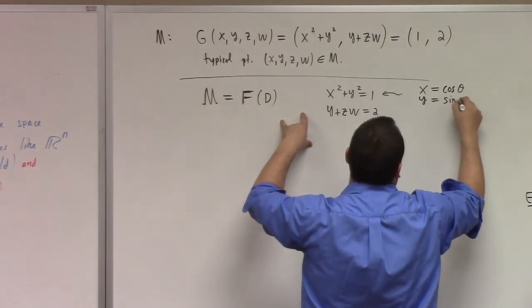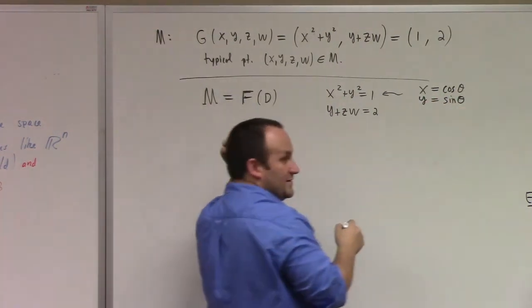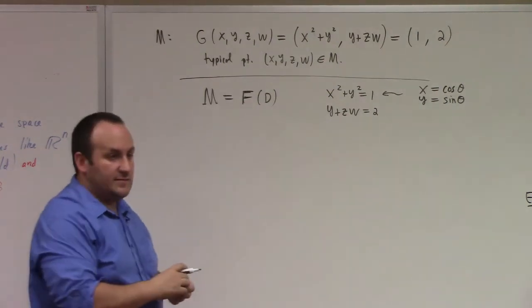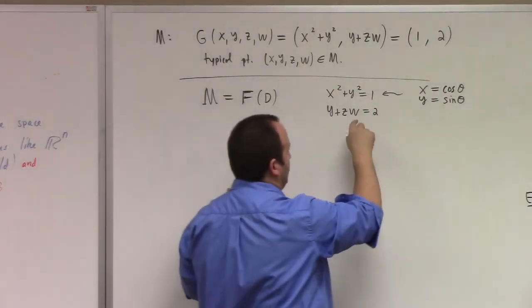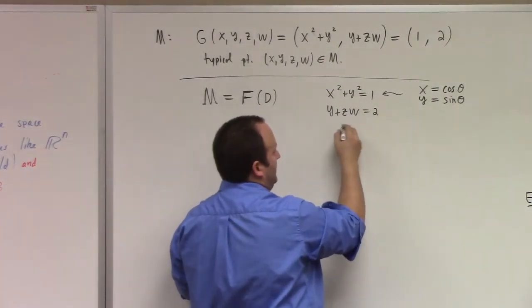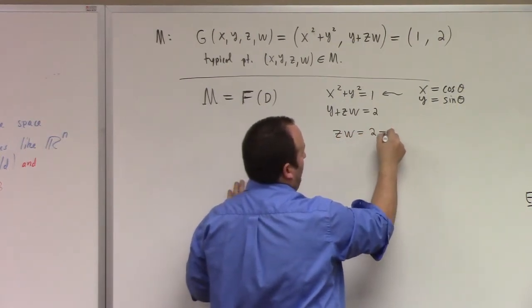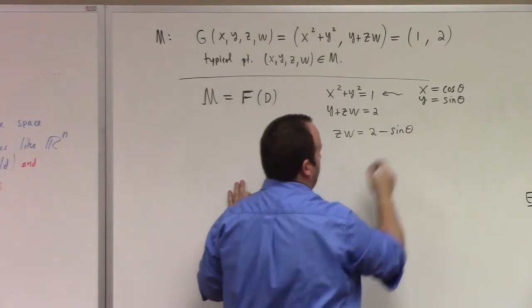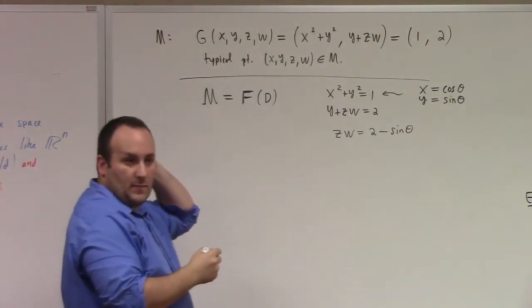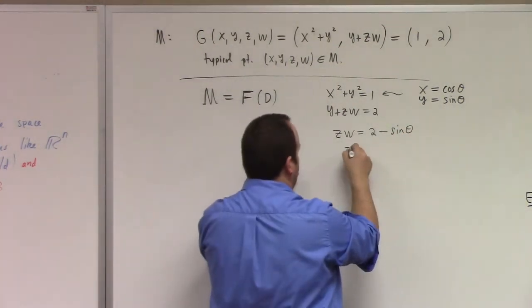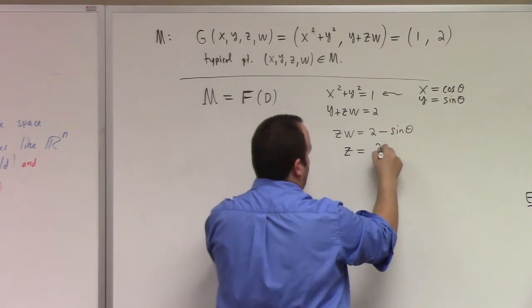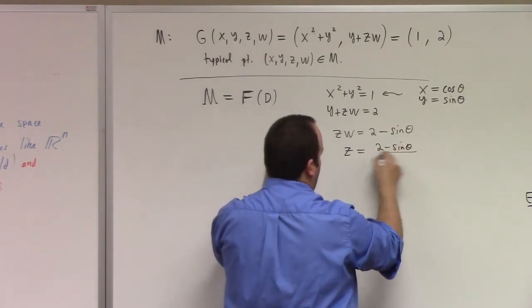And once you do that, everything else kind of falls into place. Because then we can solve zw equals 2 minus sine theta, which makes z equal to 2 minus sine theta over w.